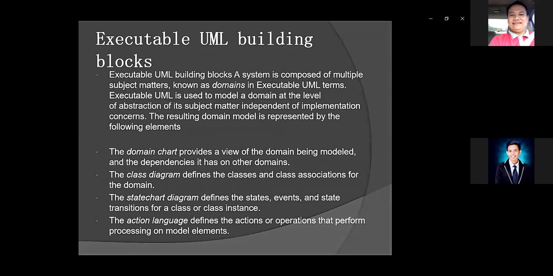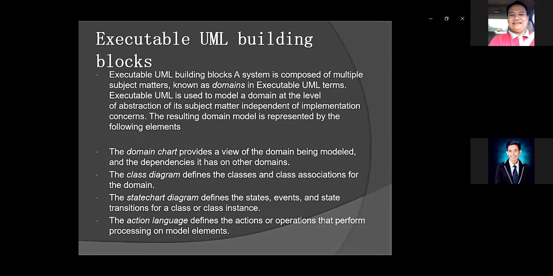Executable UML building blocks. A system is composed of multiple subject matters, known as domains in executable UML terms. Executable UML is used to model a domain at the level of abstraction of its subject matter, independent of implementation concerns. The resulting domain model is represented by the following elements.